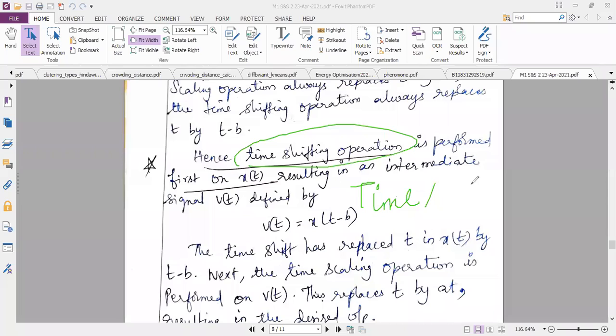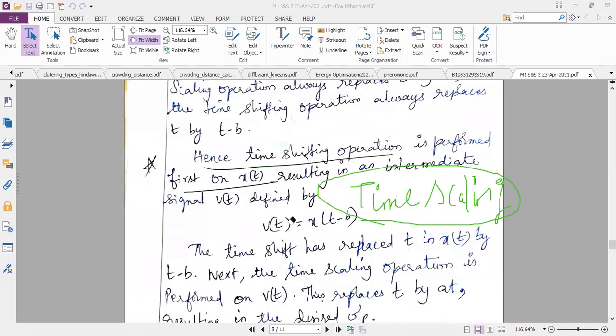If two properties are given in the question, between time shifting and time scaling, time shifting should be performed first, then I can do the time scaling.